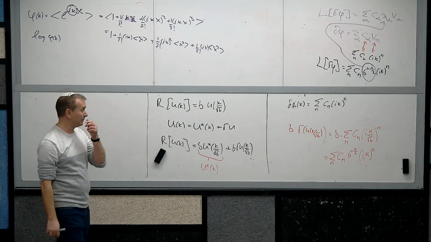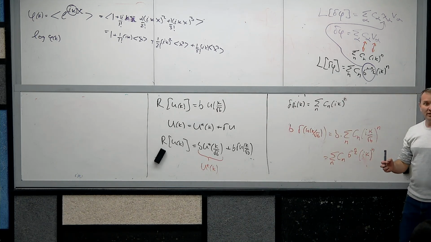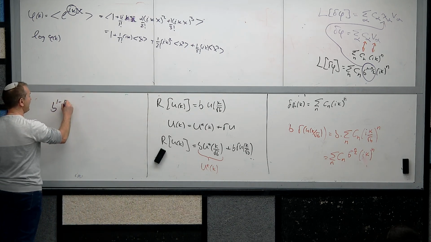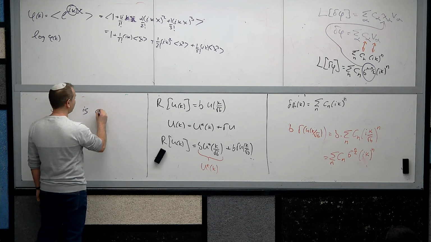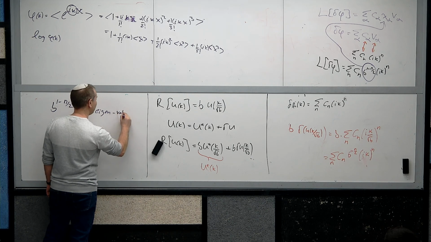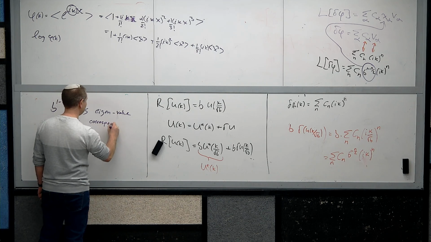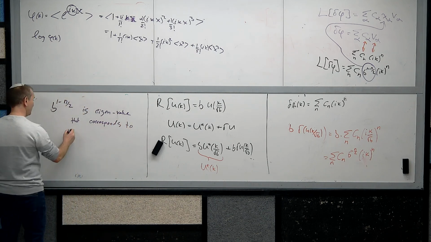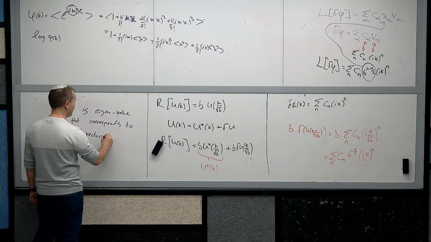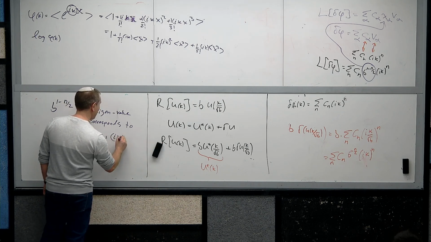We have b to the (1 minus n) over 2 as the eigenvalue that corresponds to the eigenvector i k to the power n.